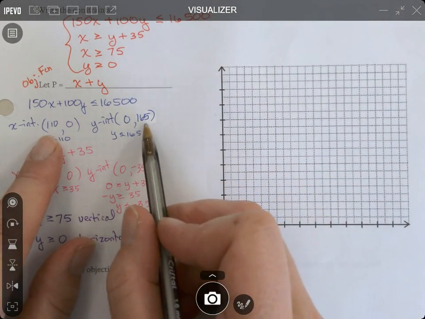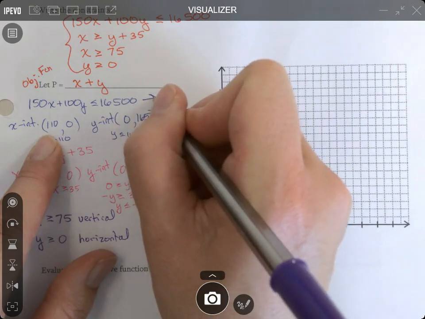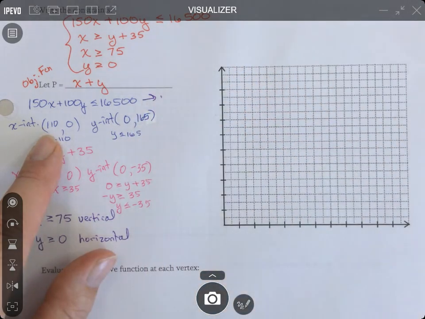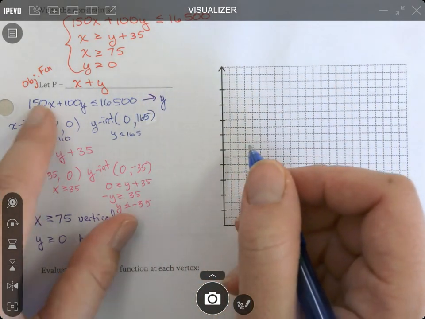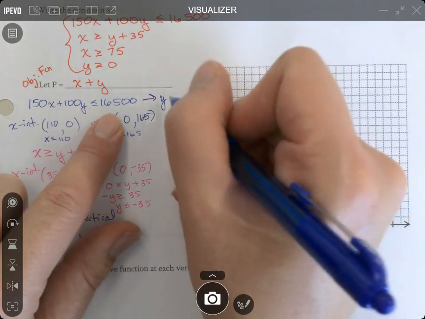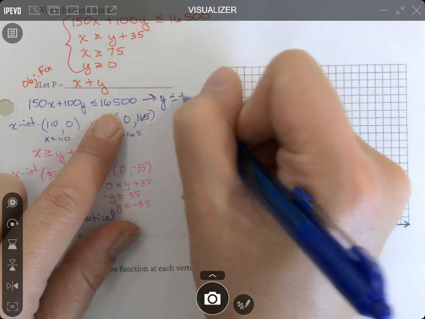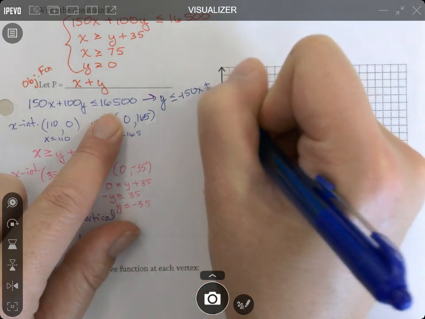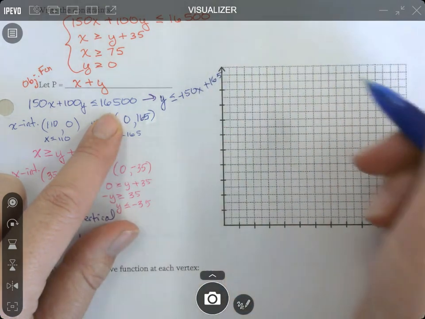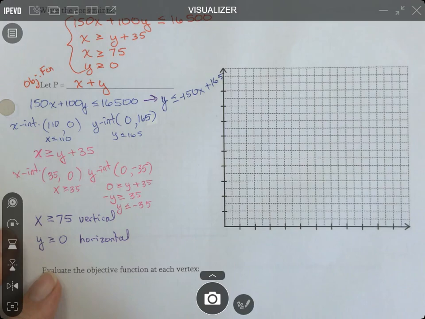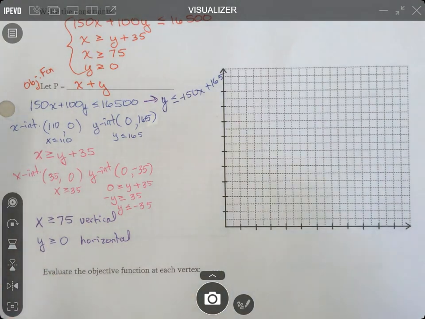So I am going to come back. Instead of counting and using my ordered pairs, I'm going to show what this would be. If we subtracted 150x and divided by 100, we'd get y is less than or equal to negative 3/2 x plus 165. I'd still have to have a y-intercept of 165, so maybe I just pick some nice points.